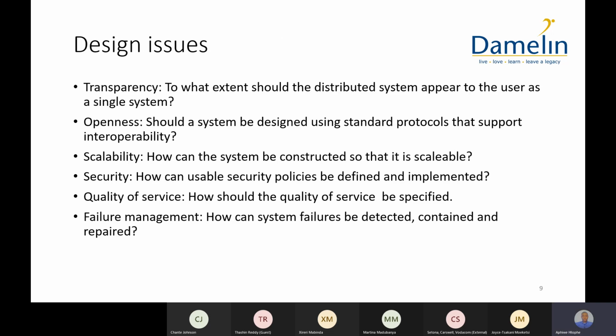So some of the design issues, again, go back to some of the benefits. The benefits can also be the disadvantages, and they can be a challenge as well. So transparency: when we talk about transparency, to what extent should the distributed system appear to the users as a single system?